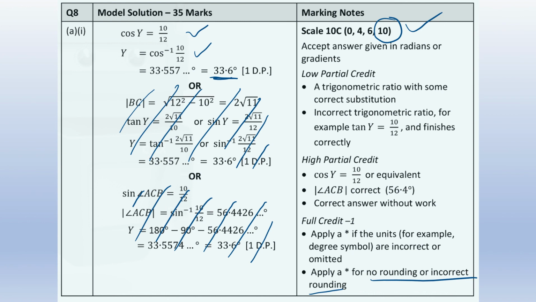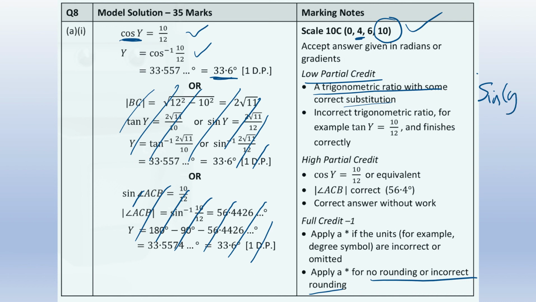And then again, I like looking at low partial credit. They were giving away 4 marks, so 40% of that question, if you wrote down a trigonometric ratio with some correct substitution. Now obviously cos was the only thing we could have used the way we went about this question. But if you wrote down sine of your angle, what angle were we working with?